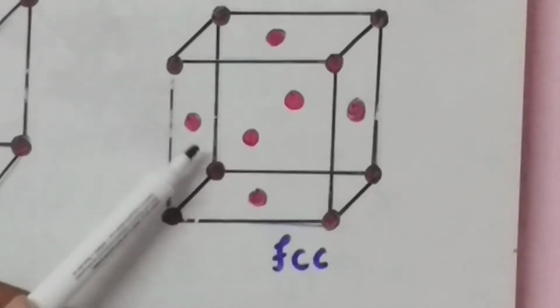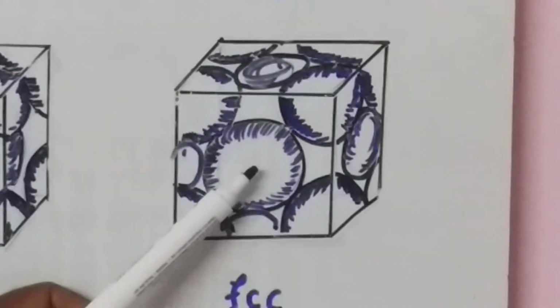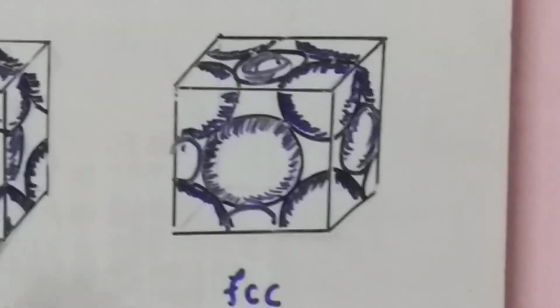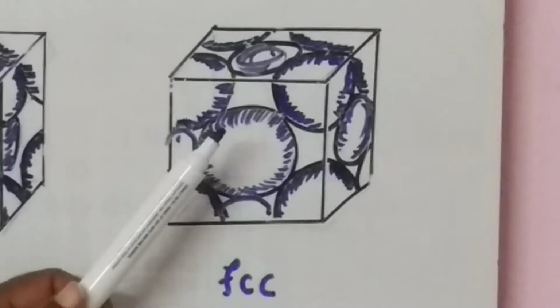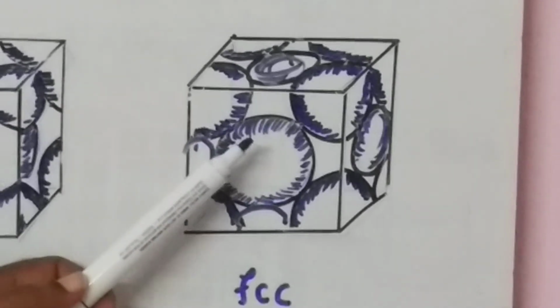Each face acquires half atom in this way. One atom is shared with other cube. So there are 6 faces.